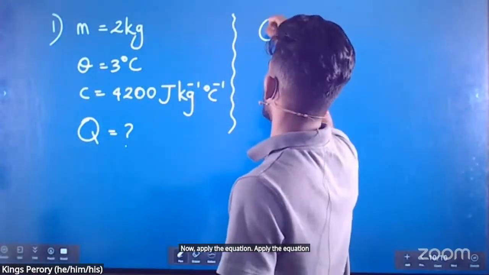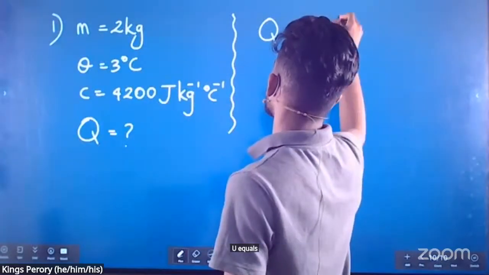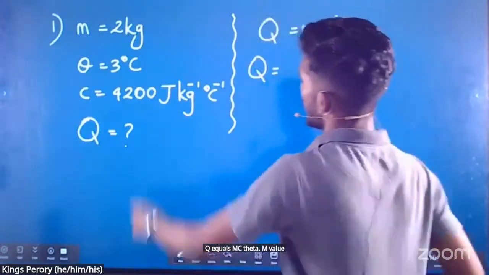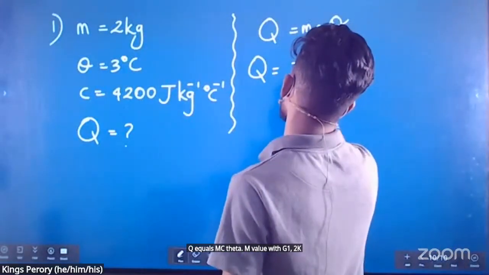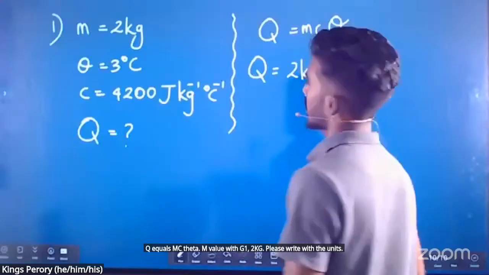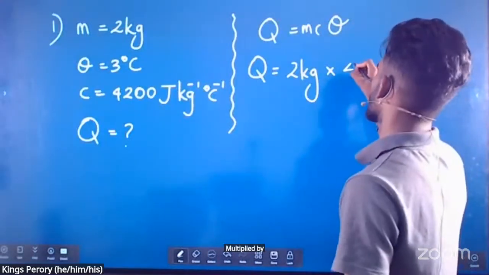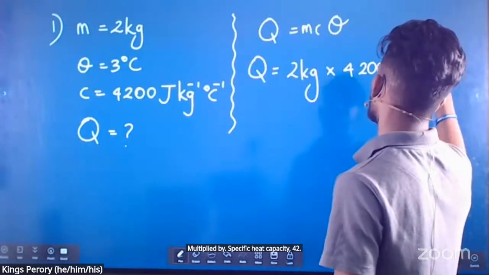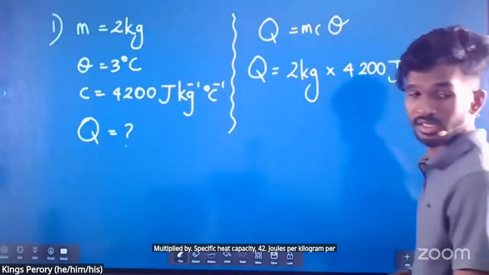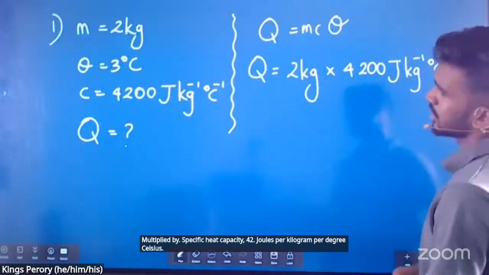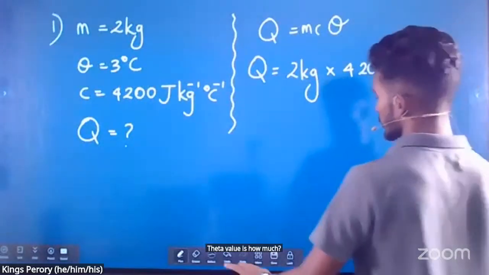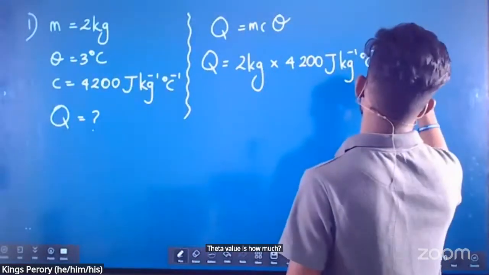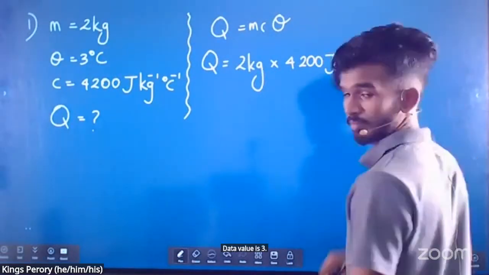What's the equation? Q equals mc theta. M value is given, 2 kg. Please write with the units. Multiply it by specific heat capacity, 4200 joules per kilogram per degree Celsius. Theta value is 3 degrees Celsius.